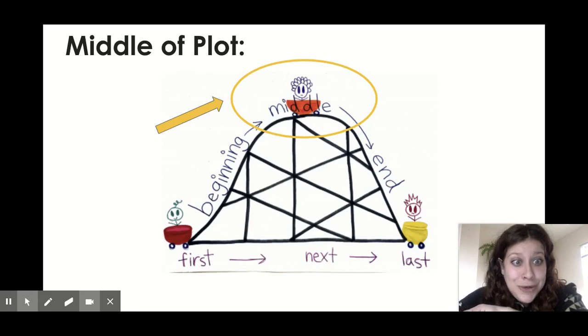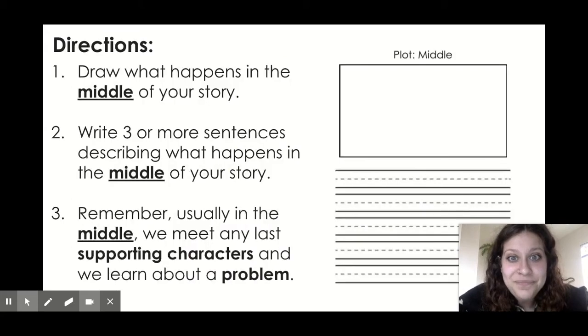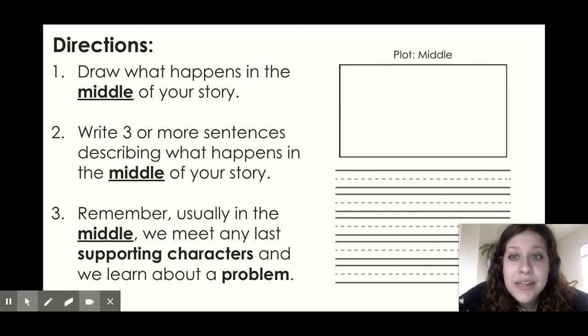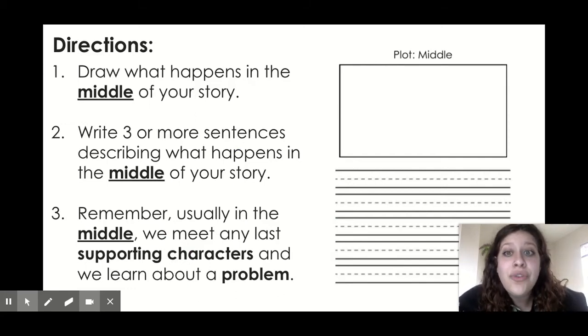So today, that's what we're going to do. We're going to write middles for our fiction stories. So the directions for today are to draw what happens in the middle of your story. Then we are going to write 3 or more sentences describing what happens in the middle of the story.